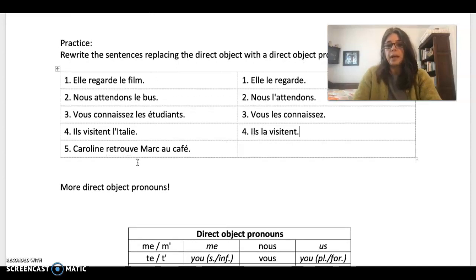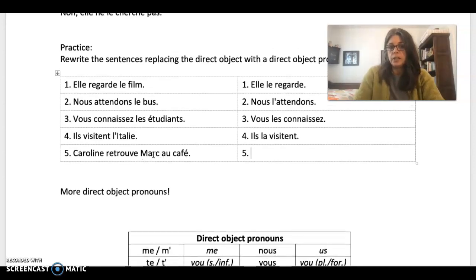Caroline retrouve Marc au café. Caroline's meeting Mark at the cafe. This is a good one because you have to figure out the direct object. So is it Marc or is it au café? Well, we learned that the direct object receives the action of the verb, and usually it just comes right after the verb. So you'll be able to identify it. It should be the thing right after the verb, and there shouldn't be any prepositions in between the verb and the thing, the direct object.